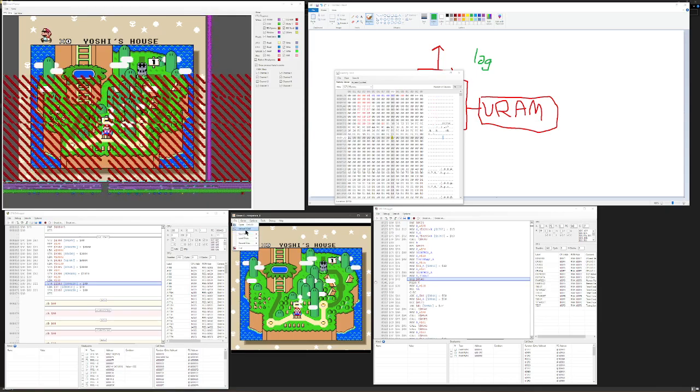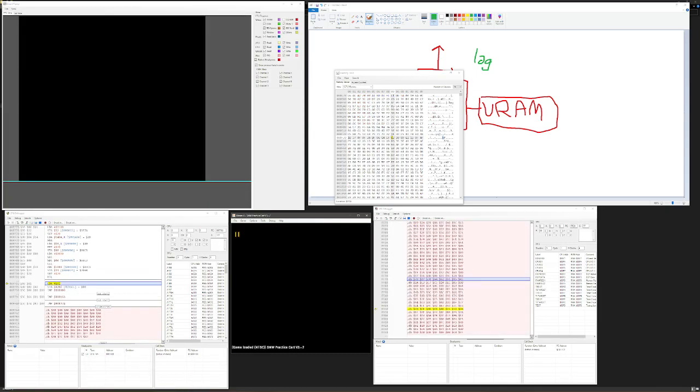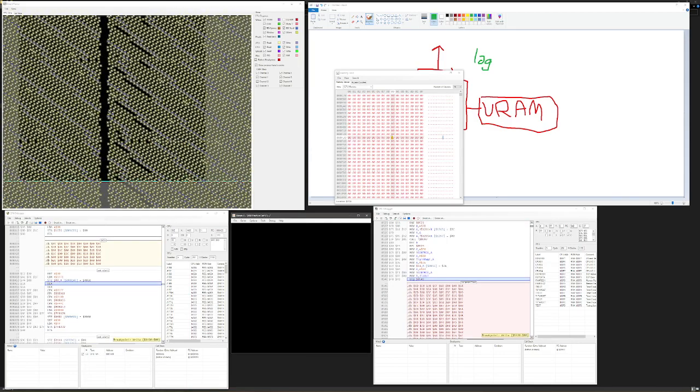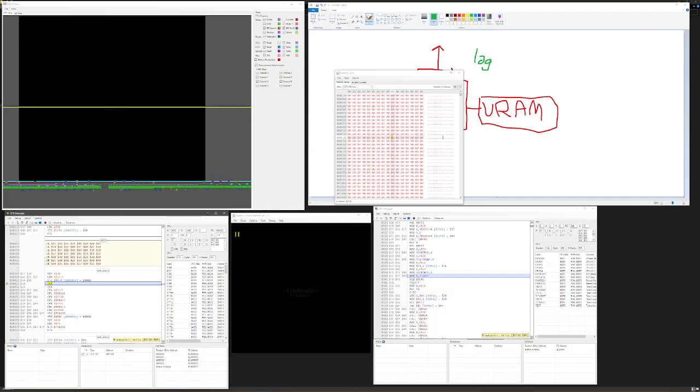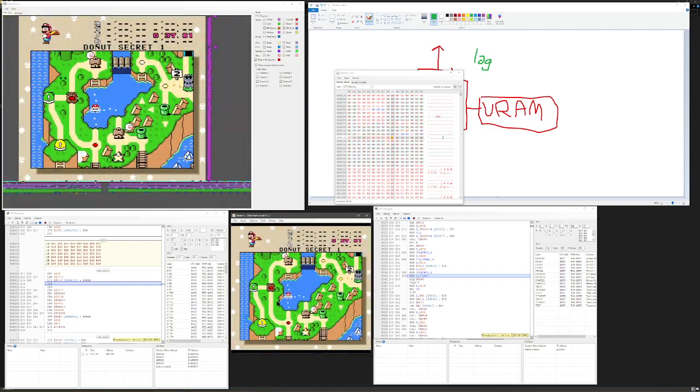In fact, I'm going to practice card because it's easier. Okay, so I can actually go to the level.